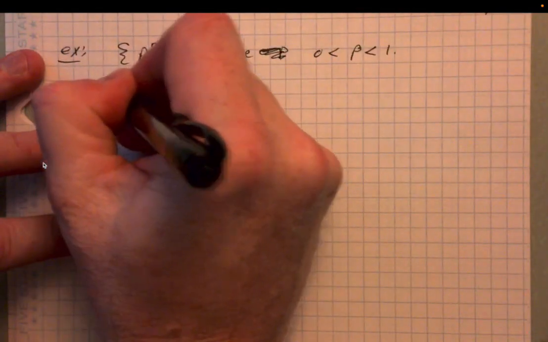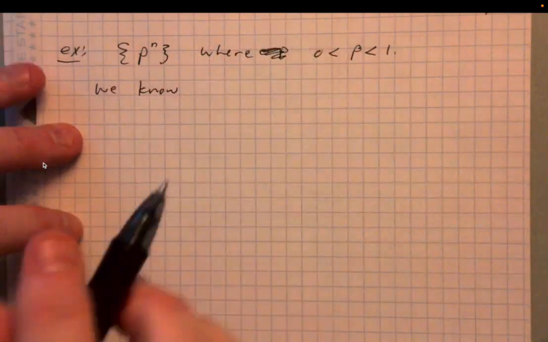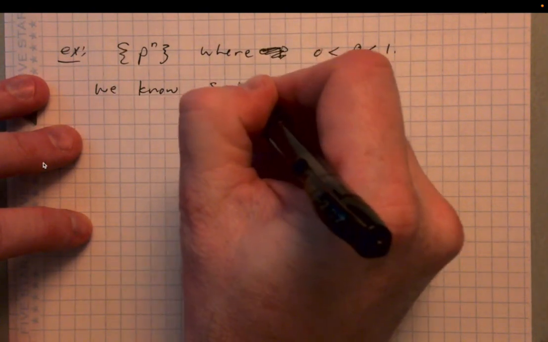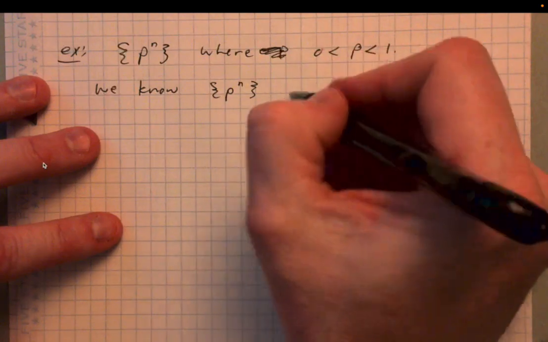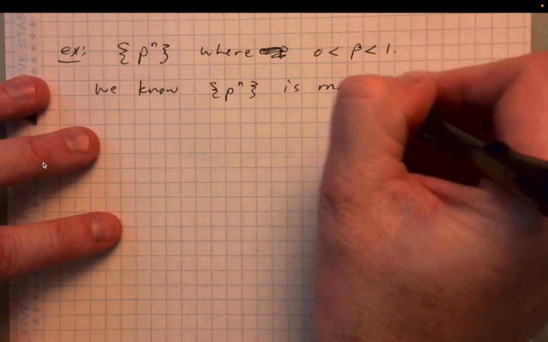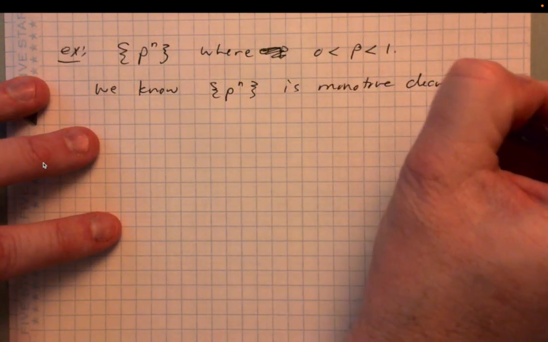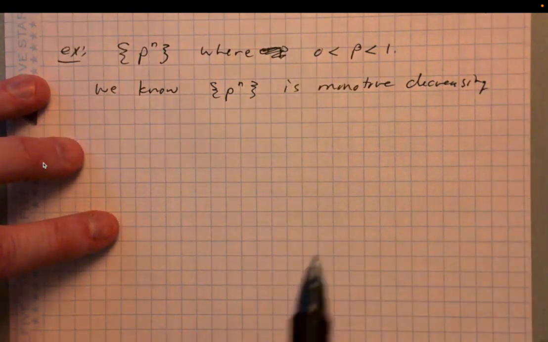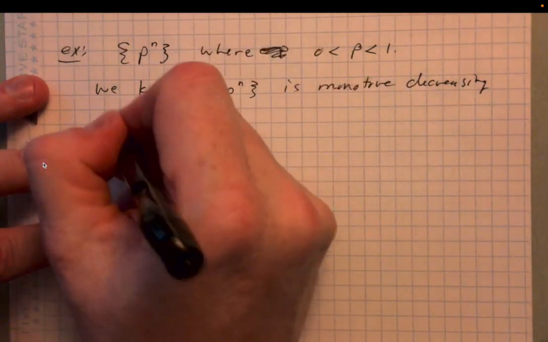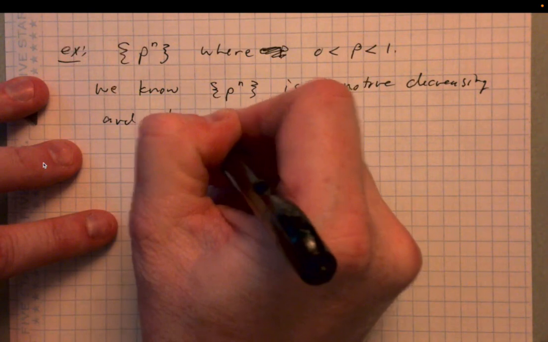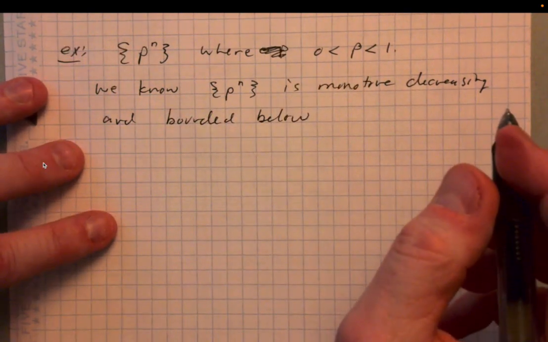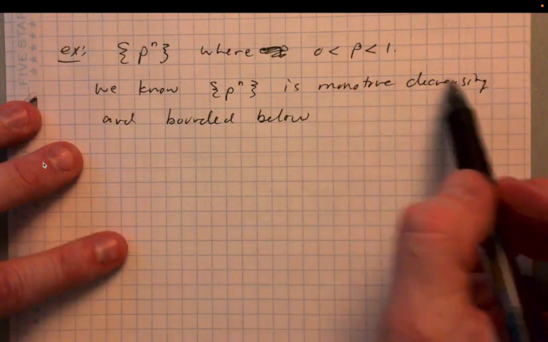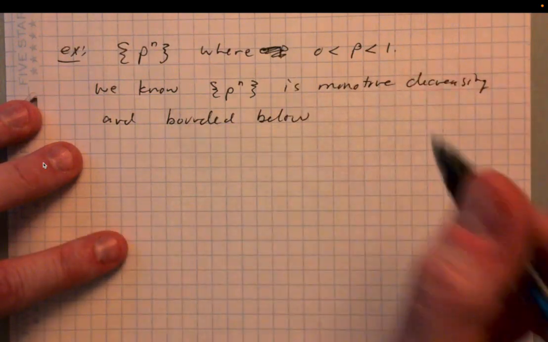We've seen that this sequence, p to the nth power, is monotone decreasing, and it's bounded below. Given that it's monotone and bounded, it must converge.